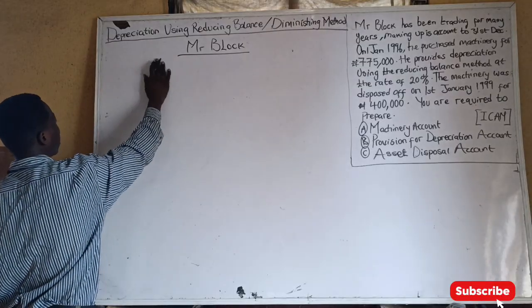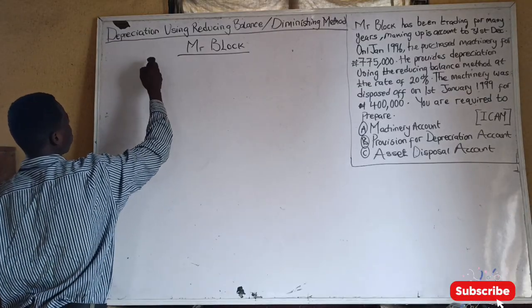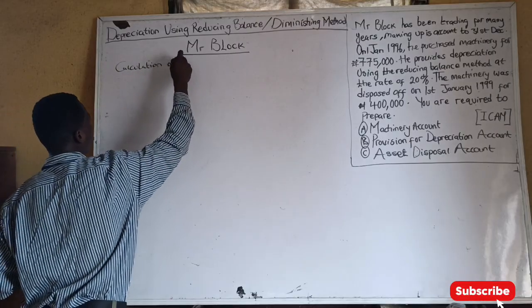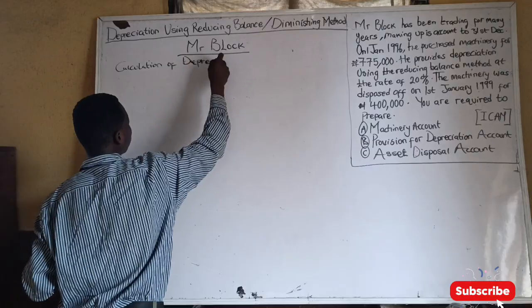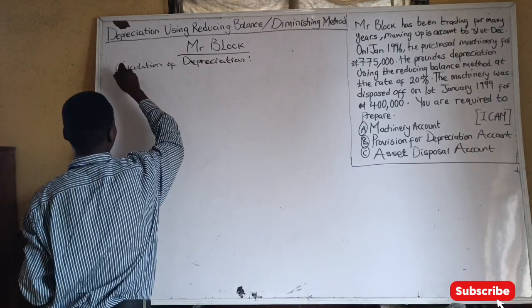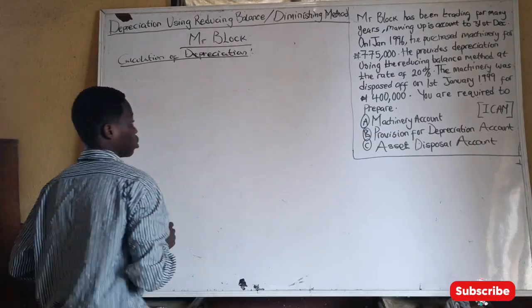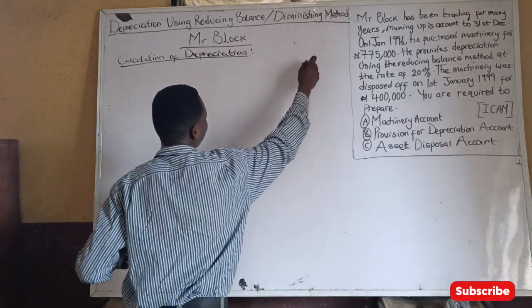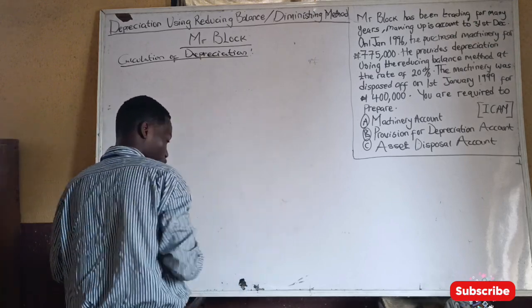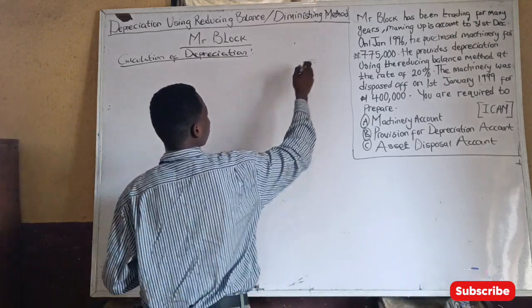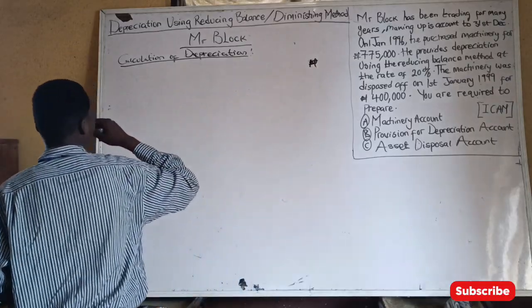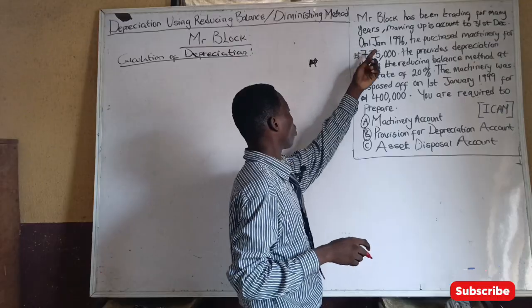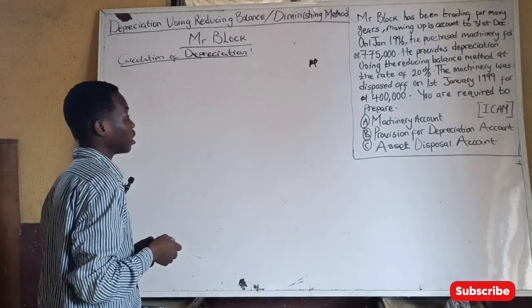Now, to calculate the depreciation, we are going to start with the first year. The currency is Naira. Don't forget, the question says you purchased the machinery on 1st January 1996.